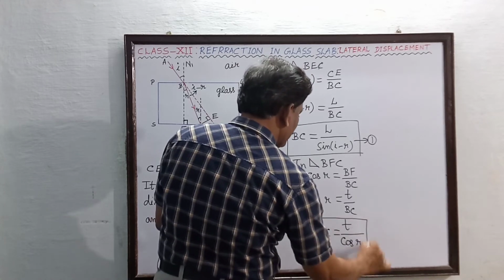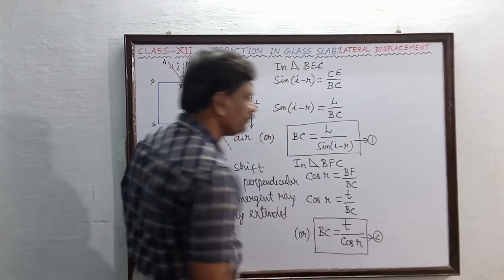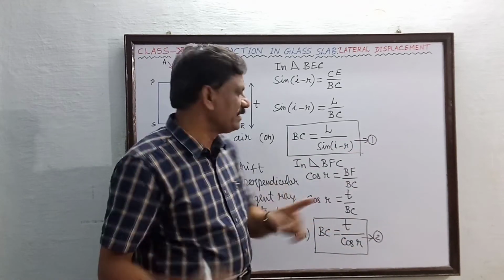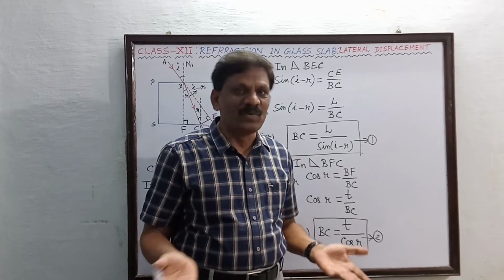This is another very important step in this derivation. So this is equation 2. Can you see that equations 1 and 2 have the same left hand side BC? Is it not? So I am going to equate 1 and 2.